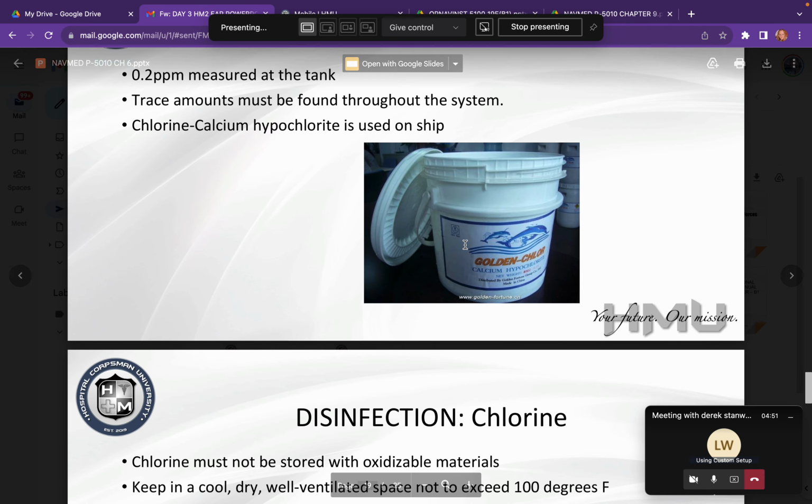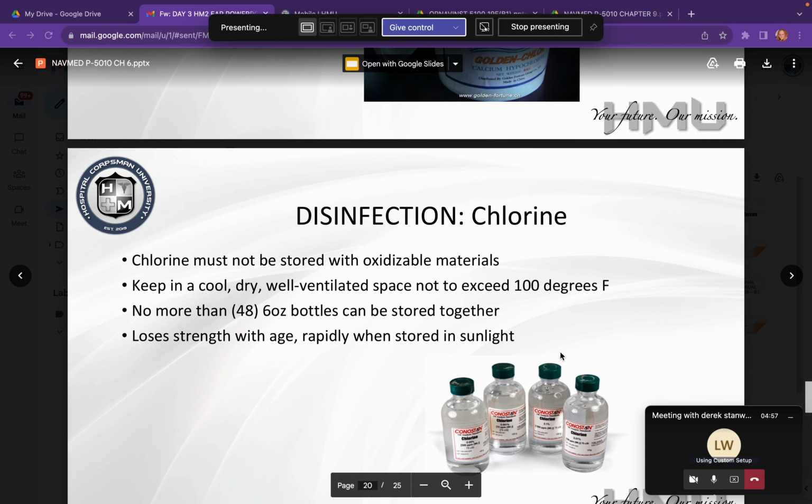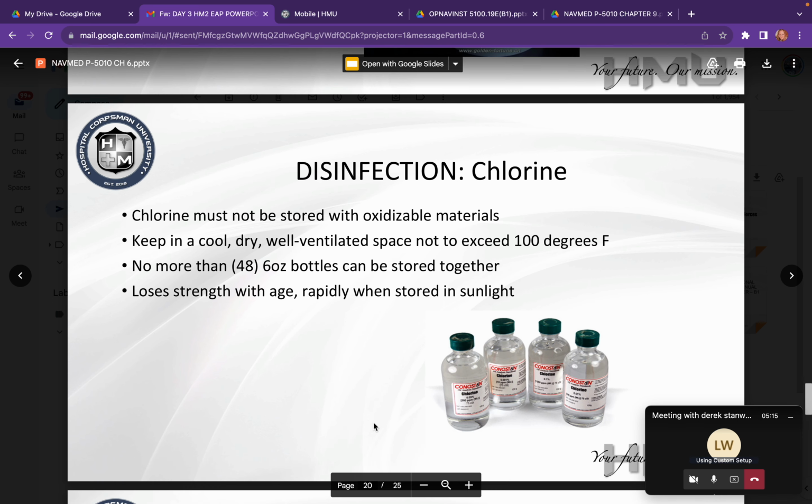Chlorine must not be stored with oxidizable materials. It will be kept in a cool, dry, well-ventilated space, not to exceed 100 degrees Fahrenheit, and no more than 48 6-ounce bottles can be stored together. When stored in sunlight, it rapidly loses its strength. Over time, it loses strength with age, but keep it out of direct sunlight.